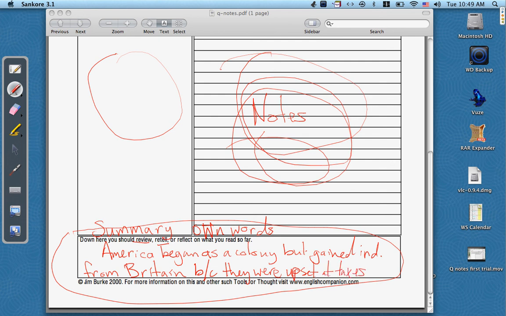Right? So we've took the main idea from up here, we've used it in our own words, right? And again, it's the same thing from this section, right? If you are able to write it in your own words and make a summary here, right, it helps fix it into your mind, right? So this is how to use Q notes.